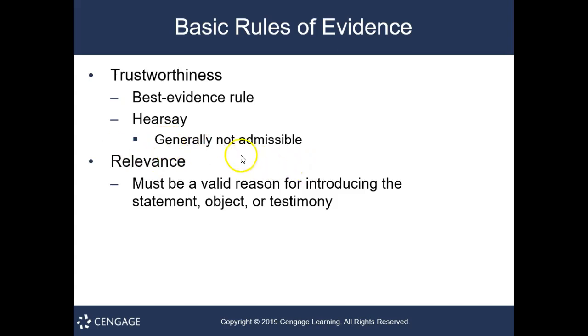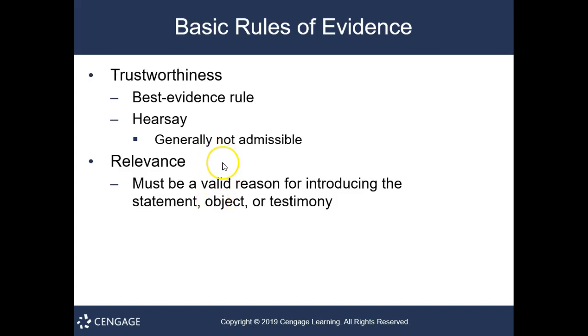Also, there's a relevance requirement. You can't just bring on any old evidence. If it's not relevant to the actual decisions to be made in the case, it's irrelevant. It can also be misleading. A lot of times, defense attorneys or prosecutors like to slime the other side by bringing in a whole bunch of stuff that has nothing to do with the trial or the issues involved in it, but is just there to make the defendant look bad, or to make the prosecution look bad, or to make the police look bad.